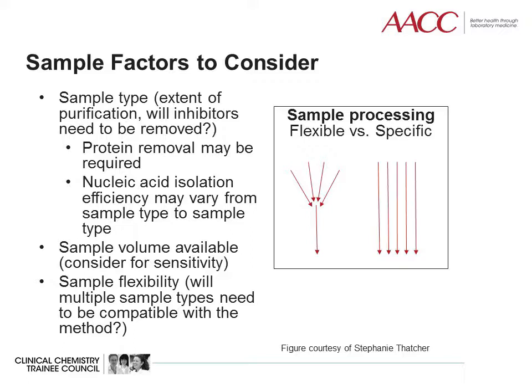The sample input volume can impact sensitivity. A larger input volume that allows for concentration of the nucleic acids into a smaller output volume can lead to better sensitivity. Sample flexibility is mentioned here because it is often good to use the same or similar procedures for a wide variety of samples to minimize complexity in the lab. This can usually be achieved with some pre-processing modifications.